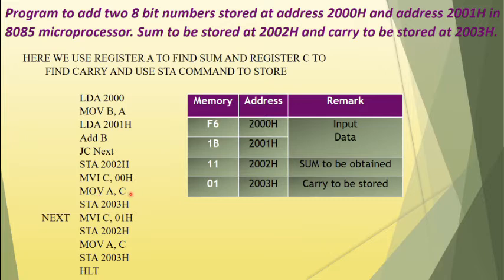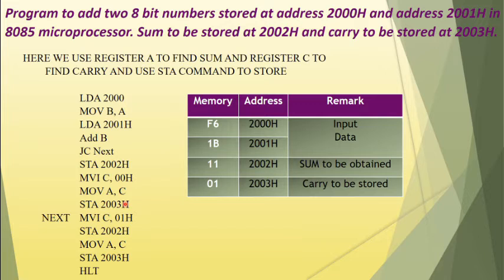We do it by zeroing the contents of C with the help of the MVI C, 00 command, and we'll move the contents of carry to the accumulator and store it in 2003. So if there is a carry, the 2003 location will be stored as 1. If there is no carry, then in that particular case it will be stored as 0.